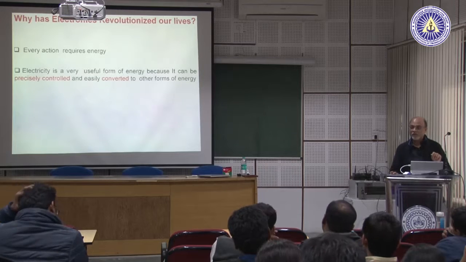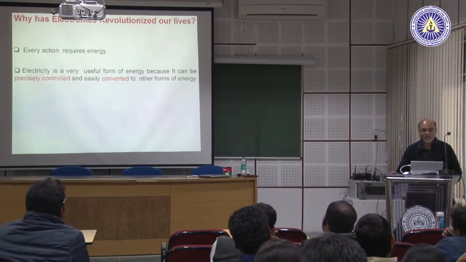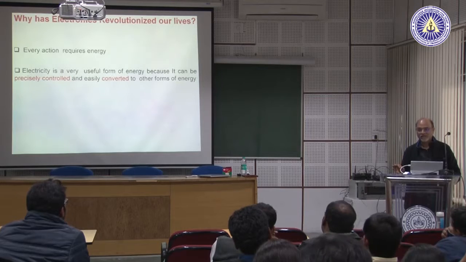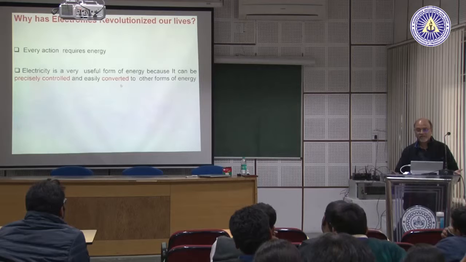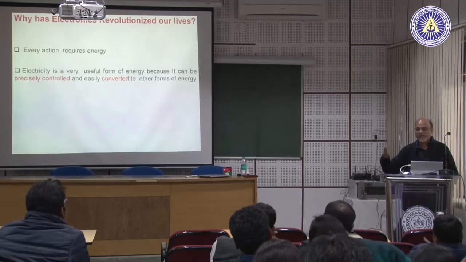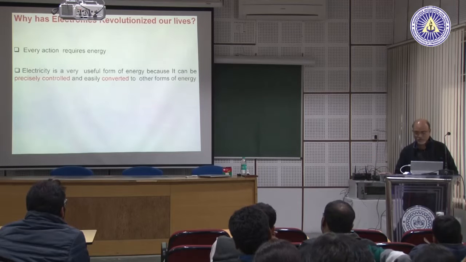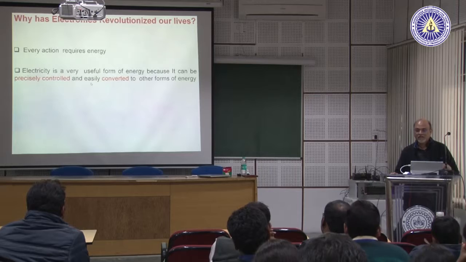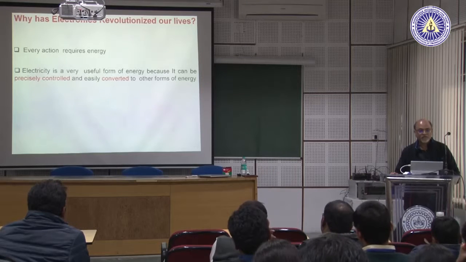These are two very, very important things. No other form of energy can be as well controlled as electricity. And it's readily converted. We all know that electrical energy can be converted into heat, light, motion, anything that you name. And from these two, it follows why electrical systems are so important.